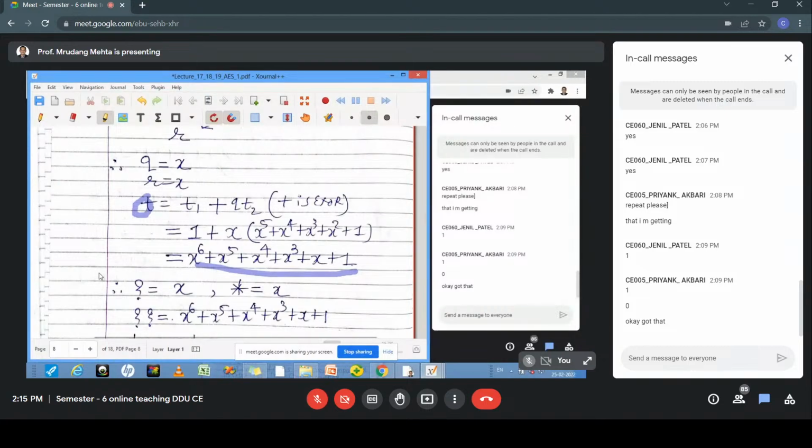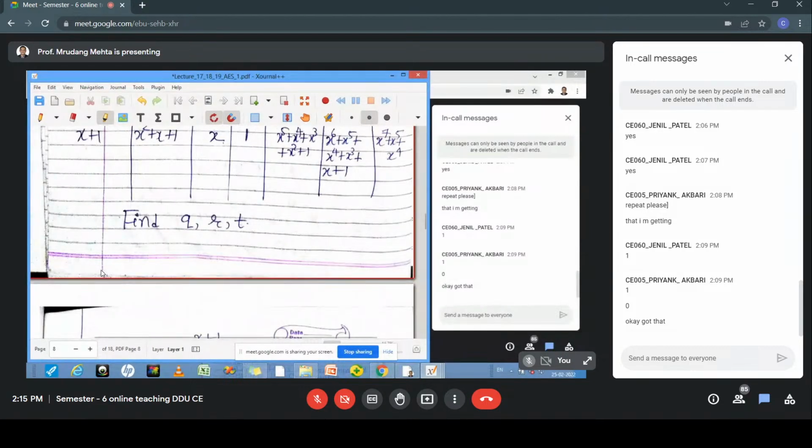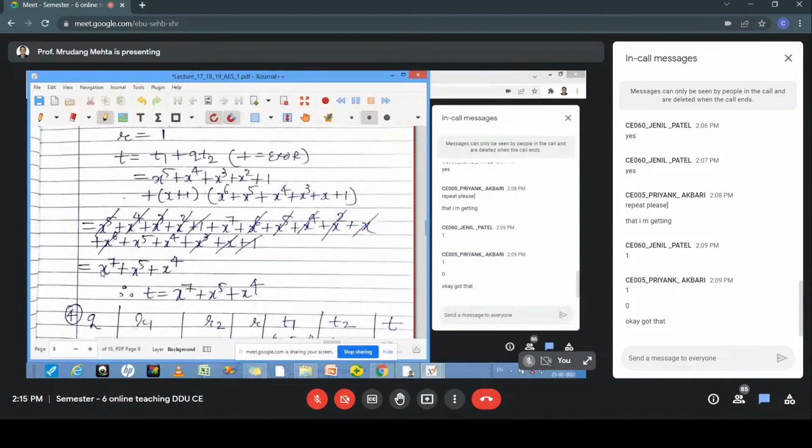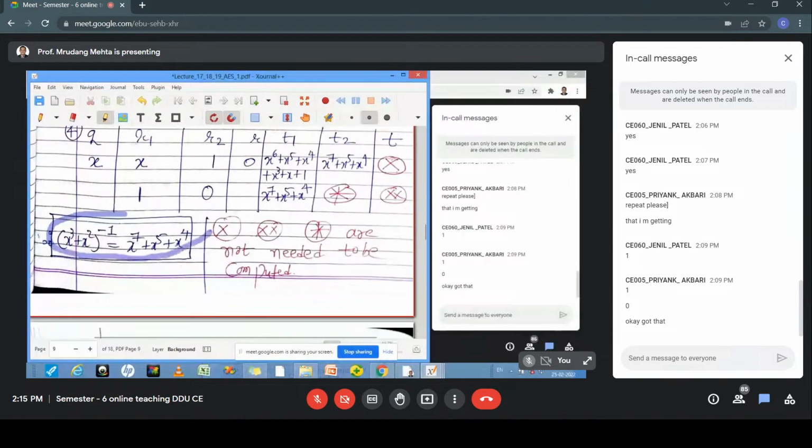Okay, you follow the same step. I will leave this as an exercise for you, since it is only the same repetition of the process. If you follow this, finally you get this polynomial. In the last step, you can see that R1 equals x, R2 equals 1, R is 0.